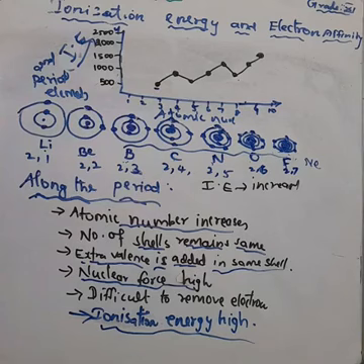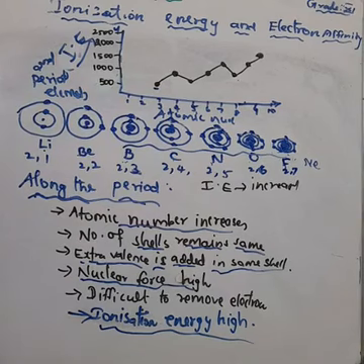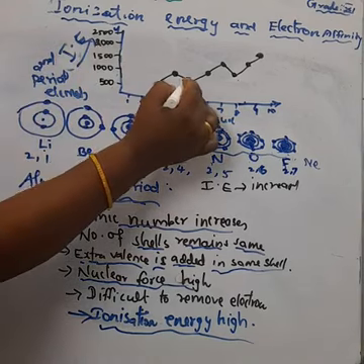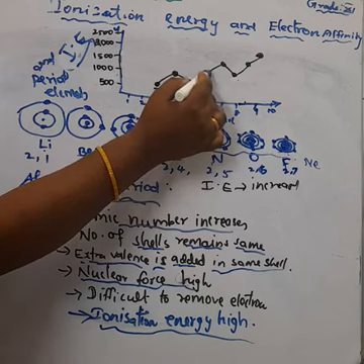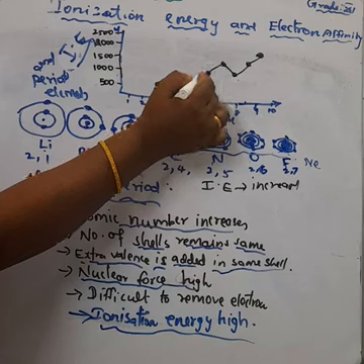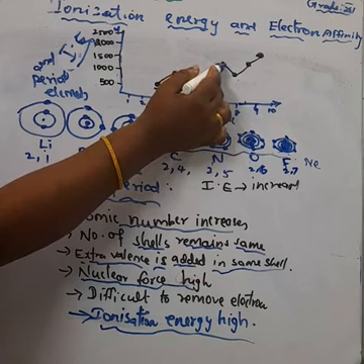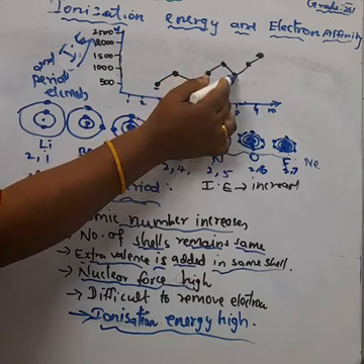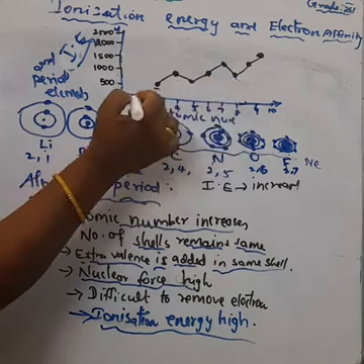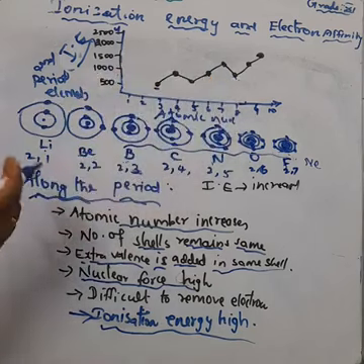Why? And there is another deviation: boron to carbon increases, and carbon to nitrogen increases, but from nitrogen to oxygen, the ionization energy decreases. Why? What is the reason?